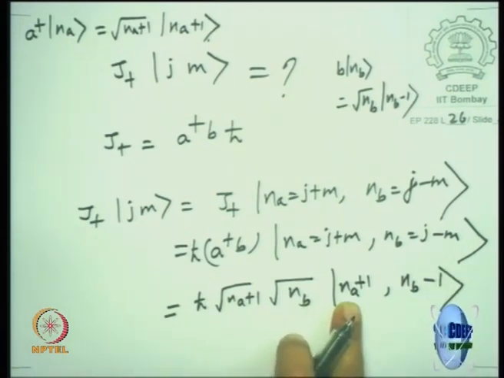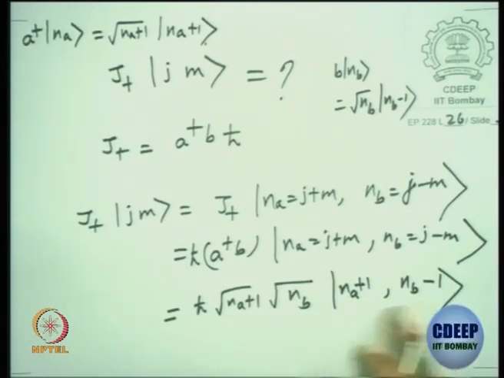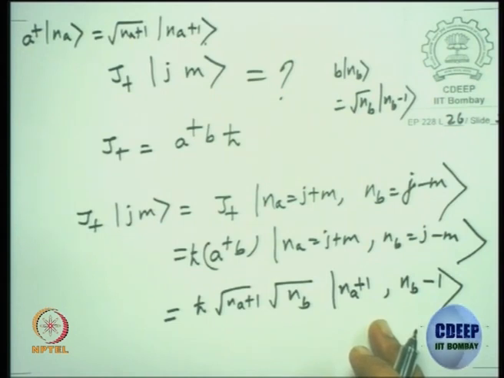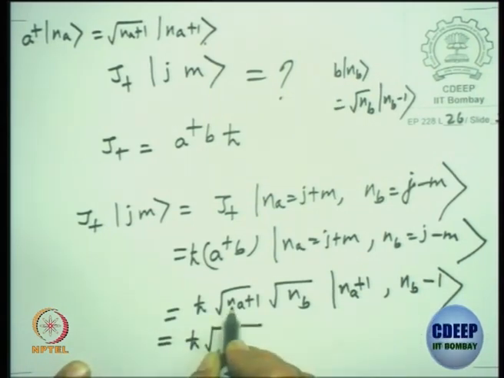Na is J plus M, Nb is J minus M. What happens to the J3 eigenvalue and the J eigenvalue? J eigenvalue is same, which is what you expect. J3 is increased by 1. Okay. So, we can rewrite this as H cross. Instead of Na, I will put it as J plus M plus 1.